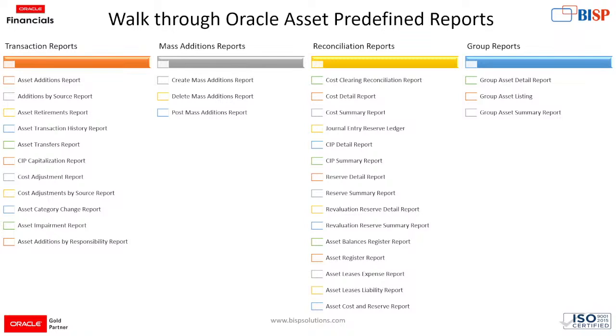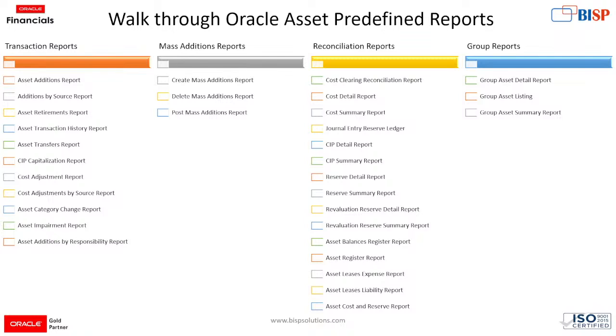Journal entry reserve ledger, list of asset depreciation account for a specific period. And CIP detail report, it provides a list of asset level CIP cost account balances for the specific period, which is sorted and grouped total for each balancing segment with CIP cost and cost center.